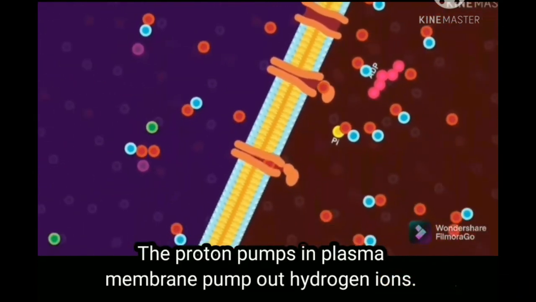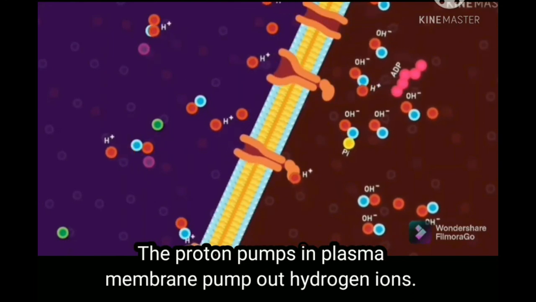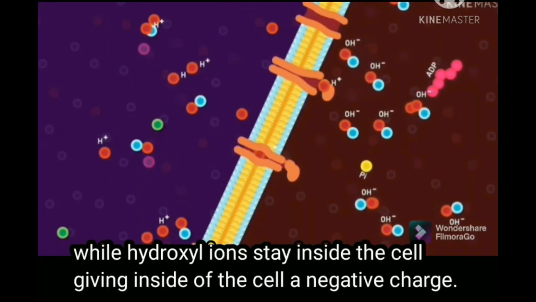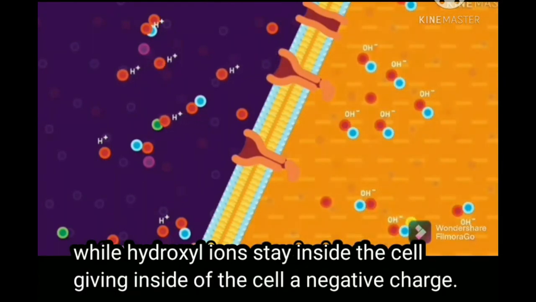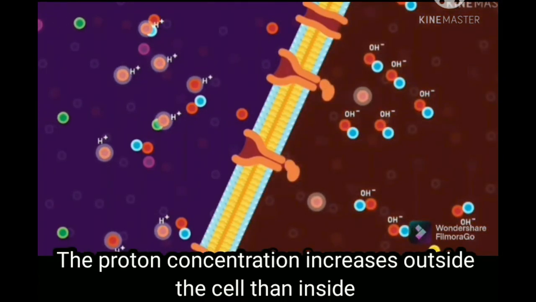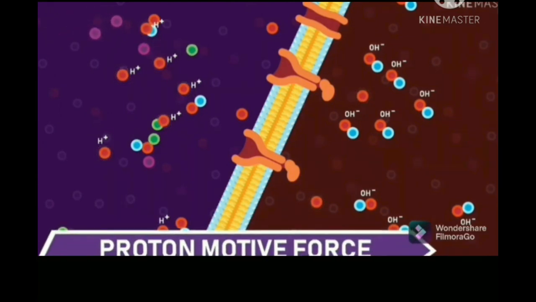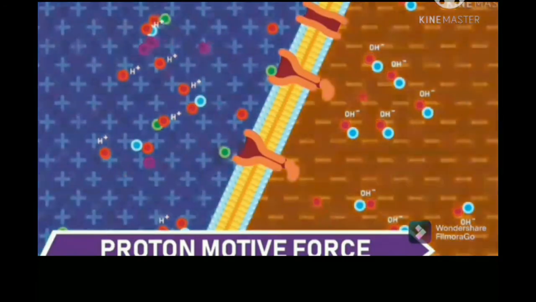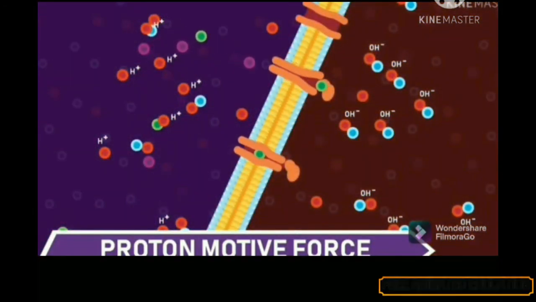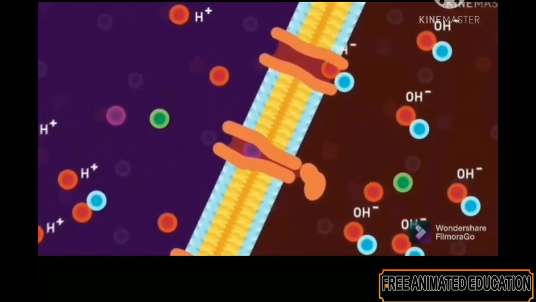The proton pumps in the plasma membrane pump out hydrogen ions, while hydroxyl ions stay inside the cell, giving the inside of the cell a negative charge. The proton concentration becomes higher outside the cell than inside, generating a proton motive force. The electrical and proton gradient established as a result drive anion and cation uptake.